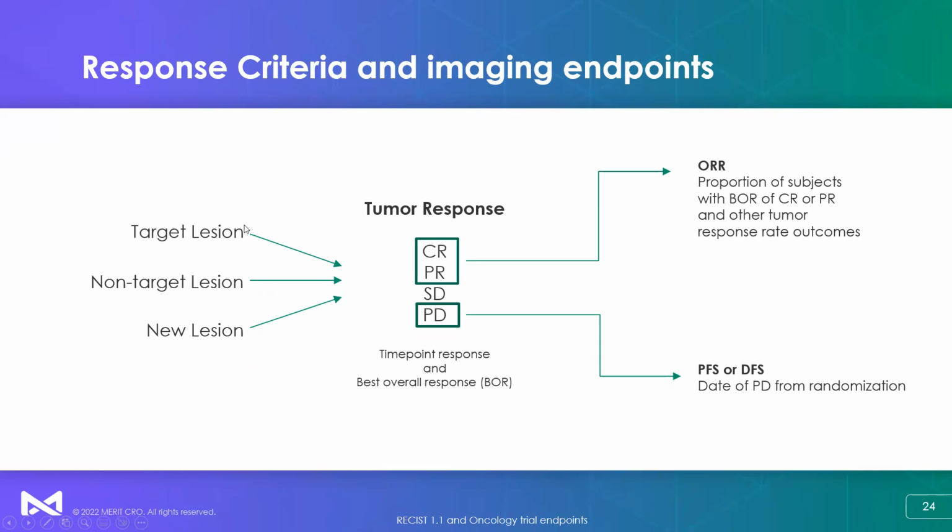Assessing target lesions, non-target lesions, and new lesions would derive a tumor response, such as CR or PR, and the best overall response. These two values go into the analysis of the ORR, and then a progression date or the progressive disease state would be directly used to provide a PFS, which is another time-to-event analysis.